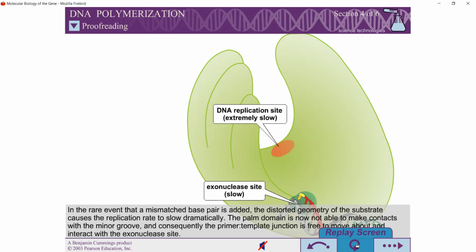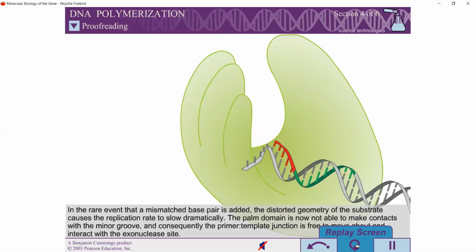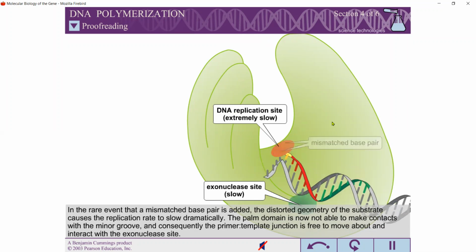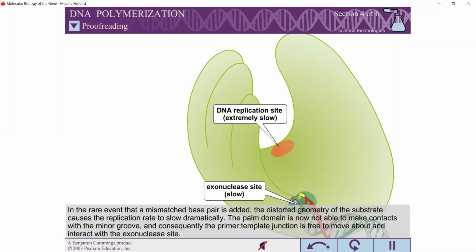Let's go over this animation once more. Fast, slow. This is a slow rate. Mismatched base pair DNA replication has become slow as a result, and no hydrogen bonds are formed either. As a result, the primer template junction opens up and is free to move about and interact with the exonuclease site.